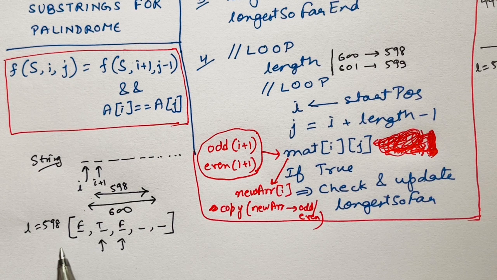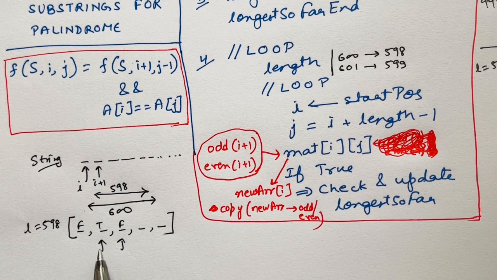Our 598 length array would look something like this, where for every starting position of length this, we would have stored whether it is a palindrome or not. Now once we have this information, we don't need any information on all of the previous lengths from 1 to 597. Therefore, we can deal with only two arrays.